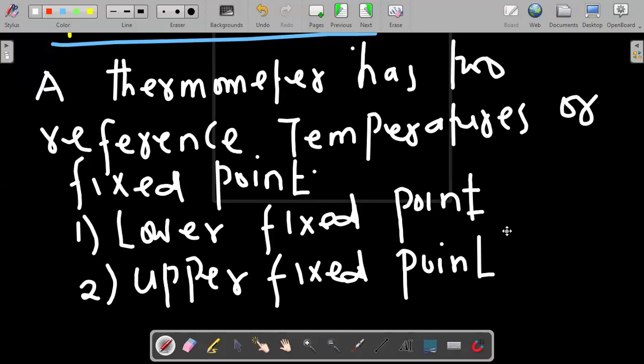The lower fixed point and the upper fixed point, that's what they are called. That's the scale of the thermometer.